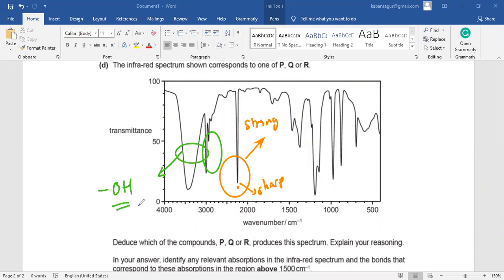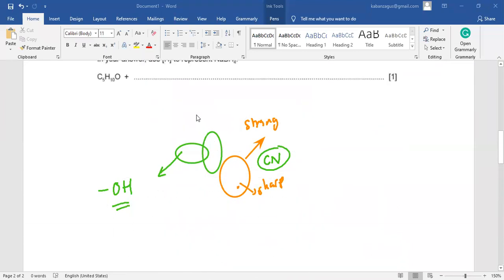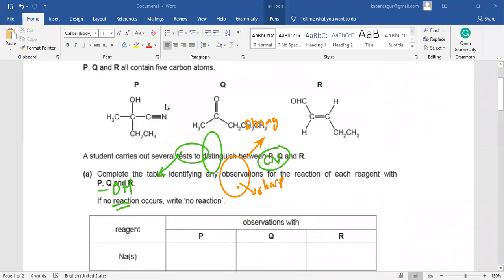All right, so I would deduce that it is the substance between P, Q and R that has CN and OH, which is compound P. Look at this one, compound P. It has the OH and you also have CN.